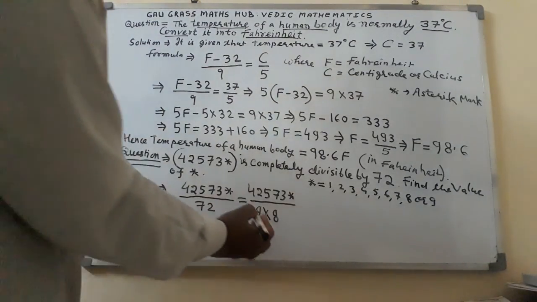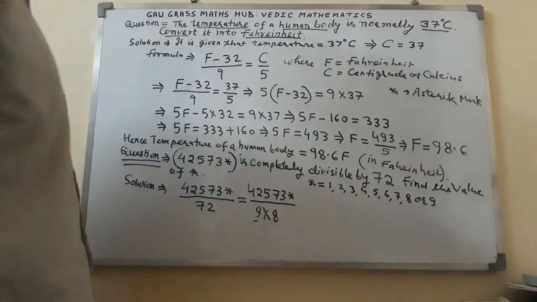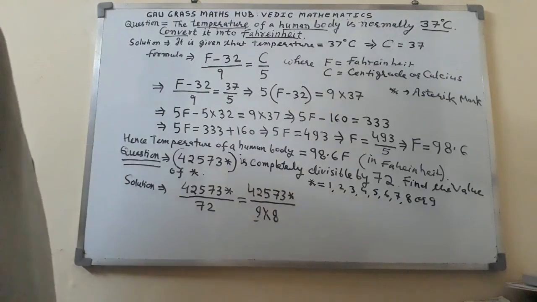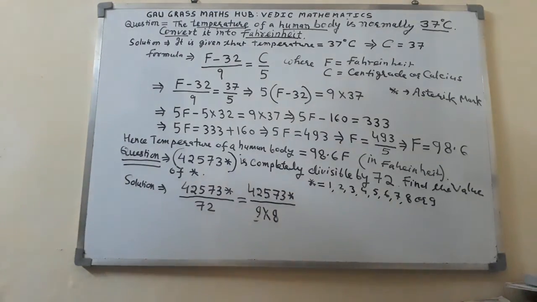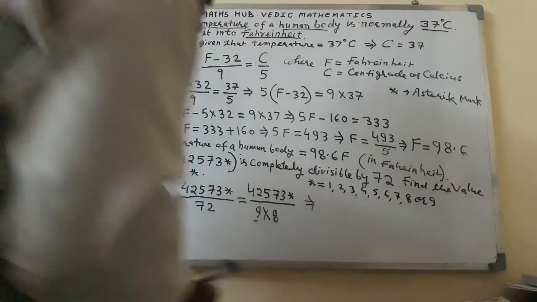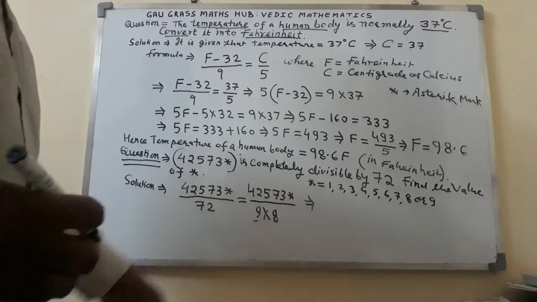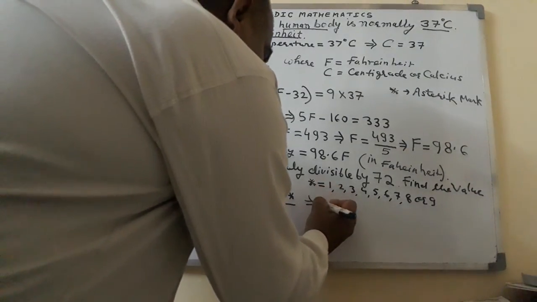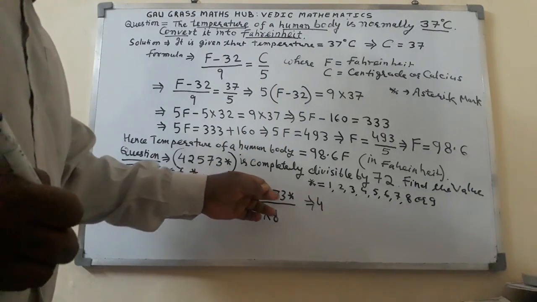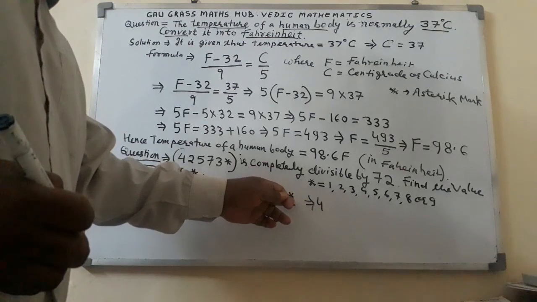First of all, you can see here 9 is available, so we shall apply the divisibility rule of 9. So what does the divisibility rule of 9 say? It says the sum of all digits, 425 73 and here one digit will come.